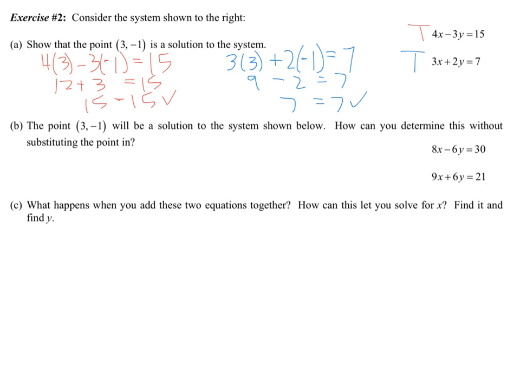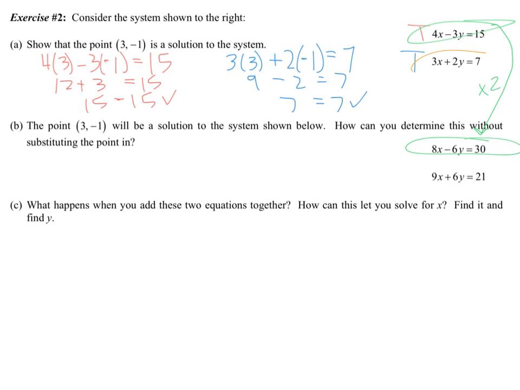In this first equation, what happens to go from 4x minus 3y equals 15 to 8x minus 6y equals 30? Hopefully you see that you multiplied by 2 to get to your new equation.